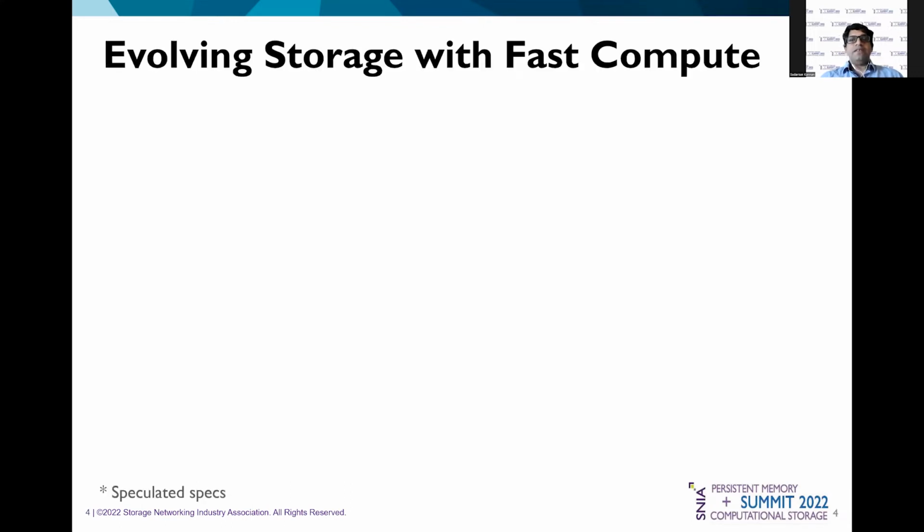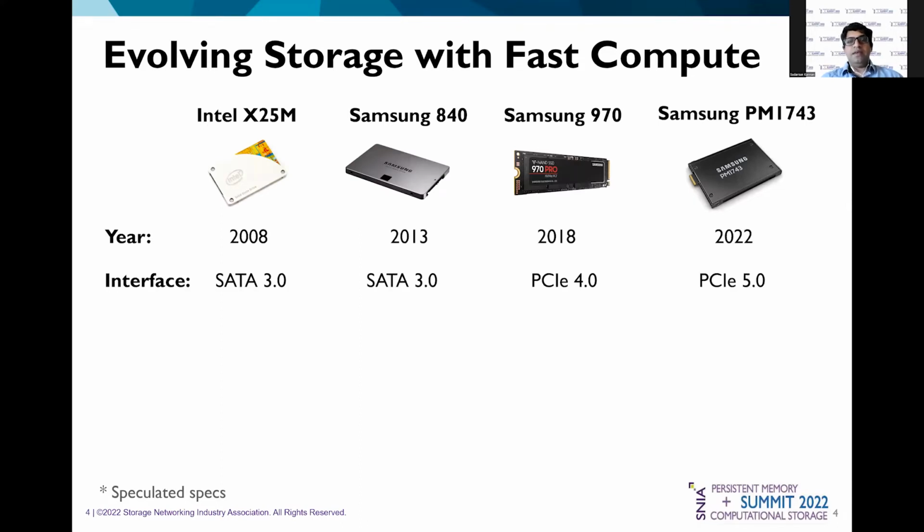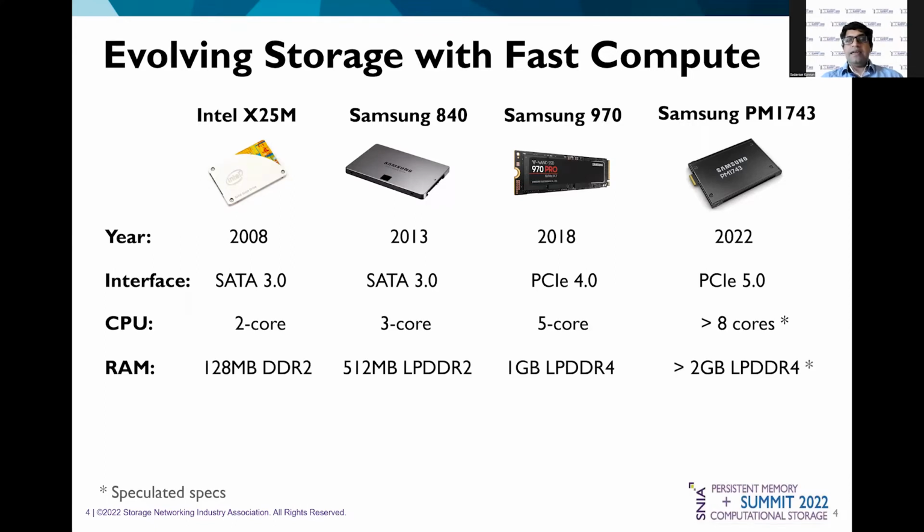I'll start with the first trend. Even in non-computational storage devices, for example recent block devices, we see an increasing number of cores in these systems. For example, some of these SSDs have 3 to 5 to 8 wimpy cores. Similarly, the RAM capacity is also increasing.